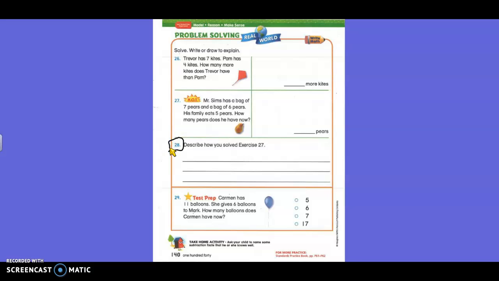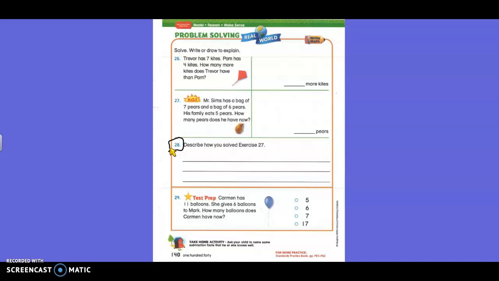Let's read the problem. Mr. Sims has a bag of 7 pears and a bag of 6 pears. His family eats 5 pears. How many pears does he have now?